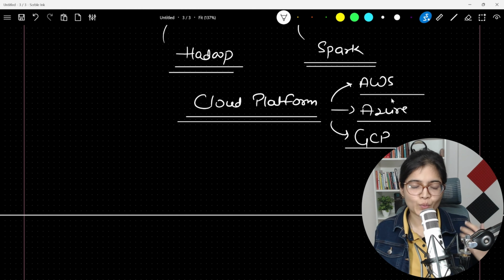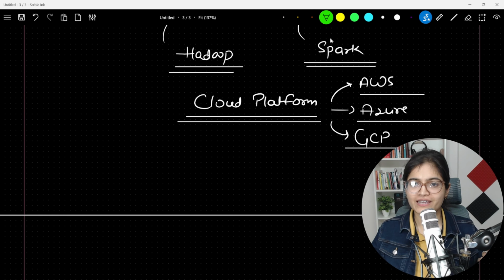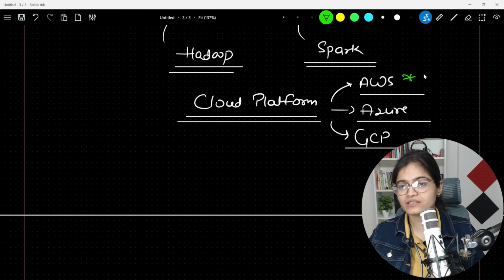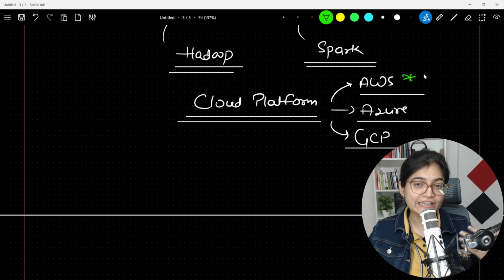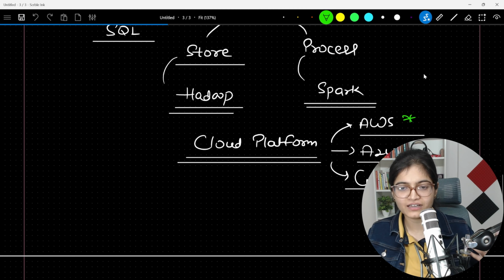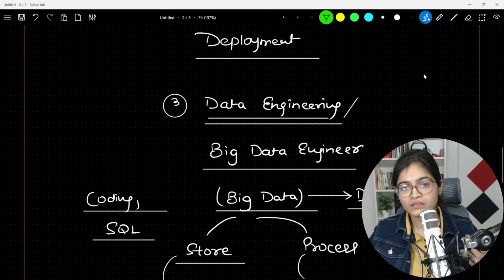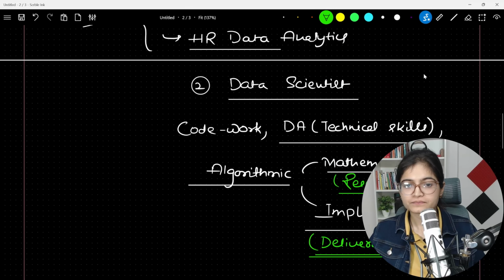At least one platform you should have great expertise in. Many companies and startups are currently using AWS, so if you are just starting out, you can directly start with AWS. If in future you want to switch, it will be easy if you already know one platform. So this is the overall idea behind the different job roles.